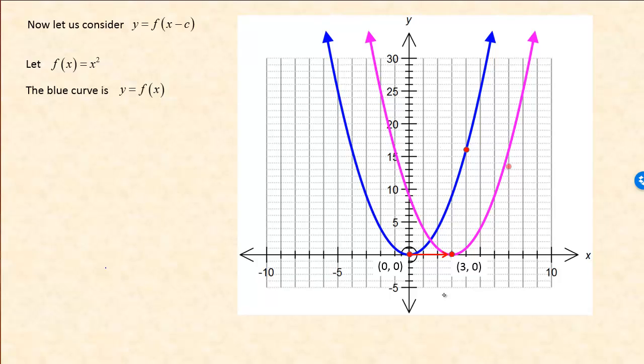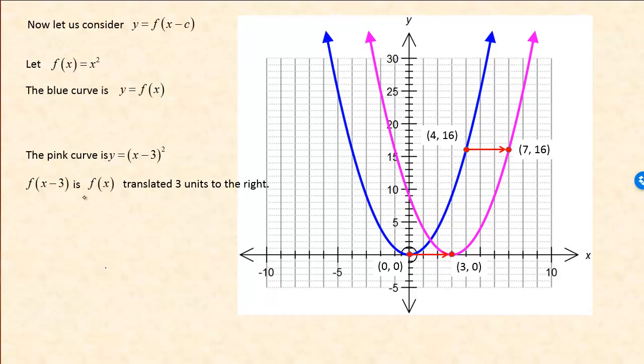If we take another pair of reference points, such as here, we've gone from 4, 16 to 7, 16. So the x-coordinate has increased by 3. And the pink curve is y equals x minus 3 all squared. Now note this is a minus inside here, but it's moved to the right. It's moved a positive 3 units.